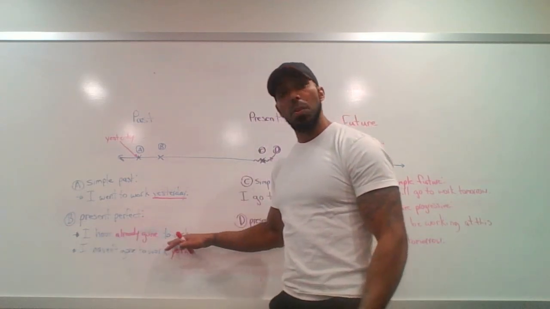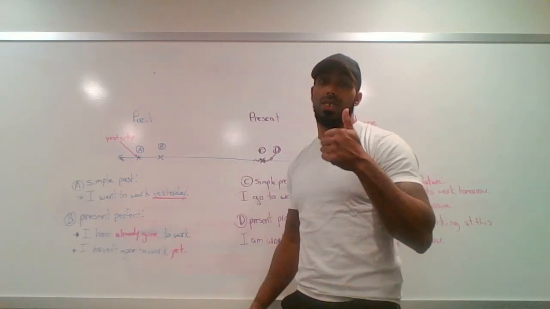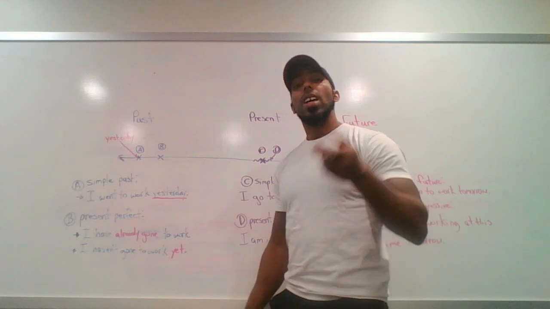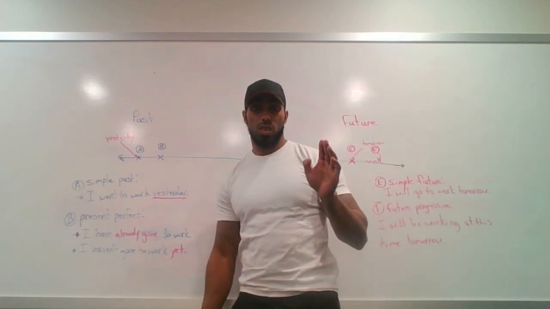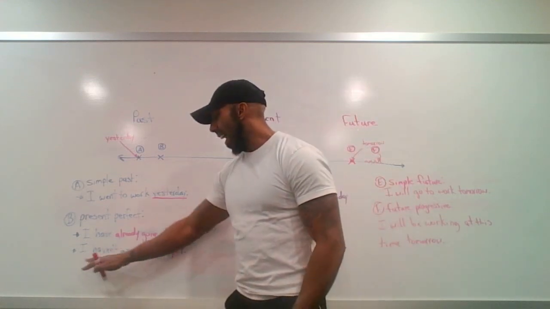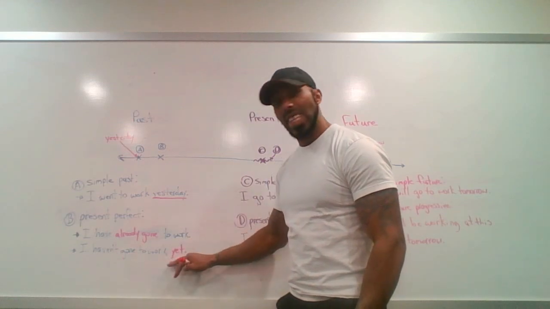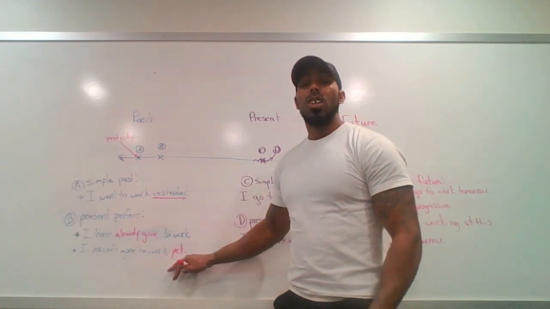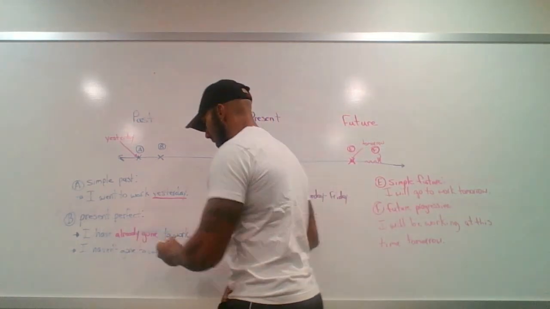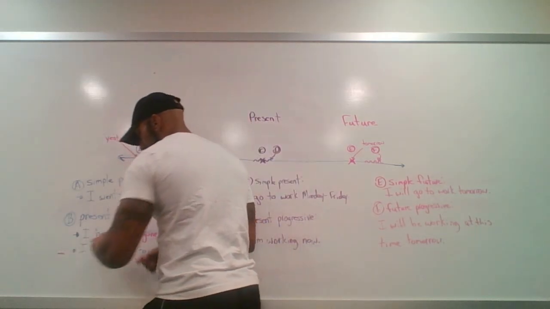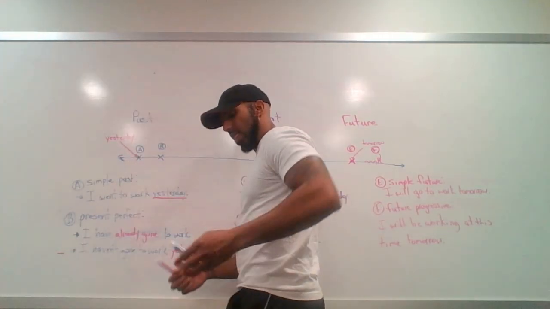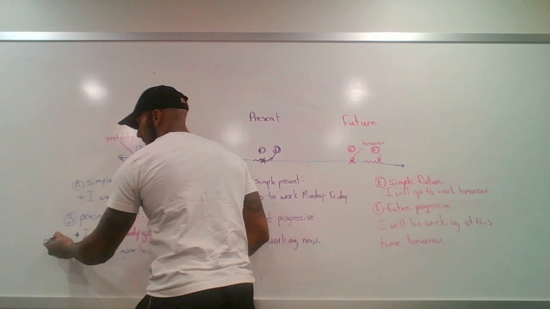Now, this is the affirmative answer, meaning the yes answer. I have already gone to work. If the answer is you didn't go to work, it should be I haven't gone to work yet. So that's the negative answer. You can think of this as the negative answer, and you can think of this one as the positive answer.